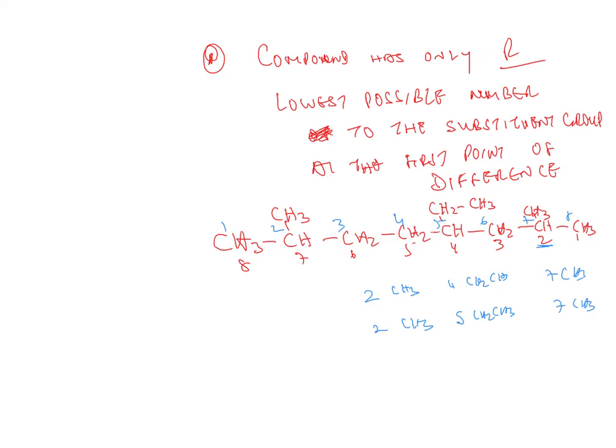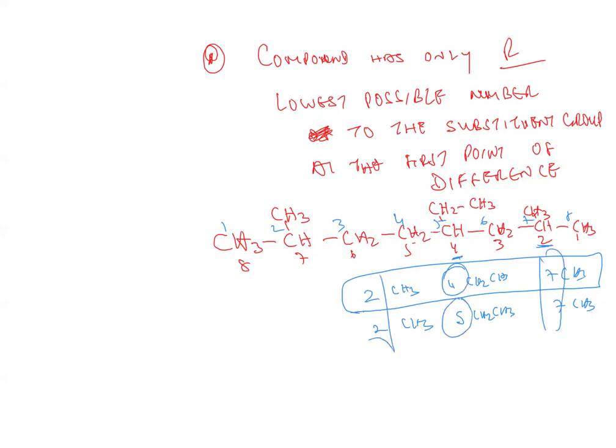According to this, the bottom gives 2, 4, 7 and the top 2, 5, 7. At the point of difference, 4 is the lowest, so we go by that number. That's what it means to go for the lower number.